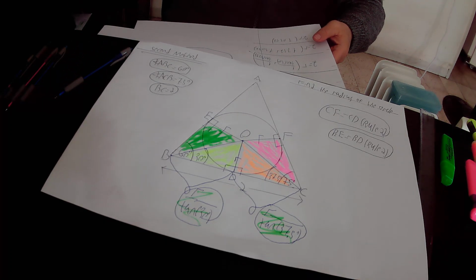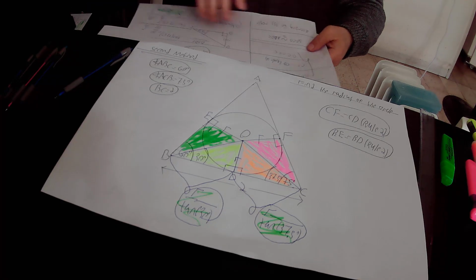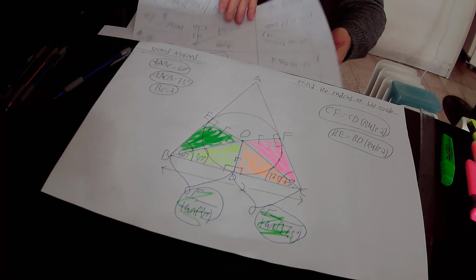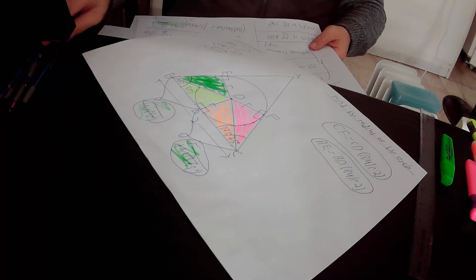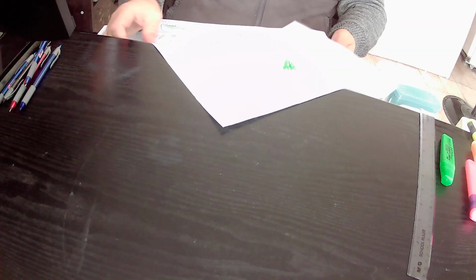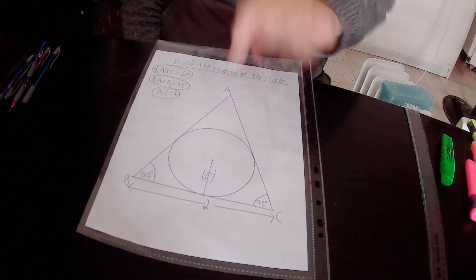We start with the first method, of course. In this lecture we found out the radius r of this circle.